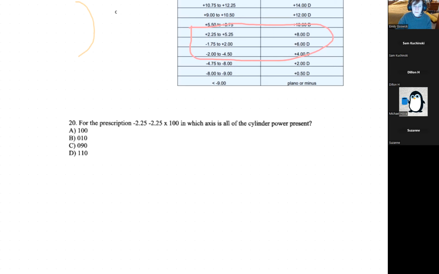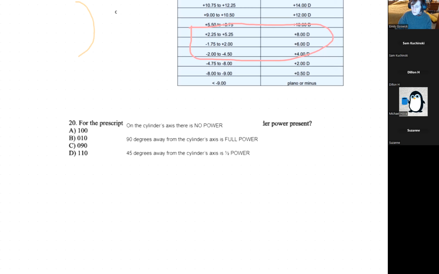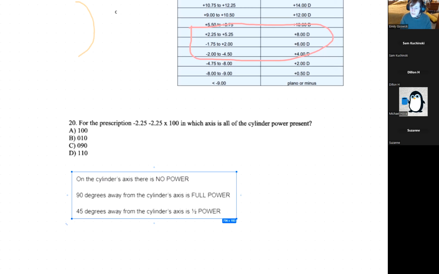Okay. So the things to remember about cylinder power. We did talk quite a bit about cylinder power, but the things to remember are: on the cylinder's axis, there is no power. Because remember the way a cylinder works, it's at full power in one meridian and at 0 power in another meridian.